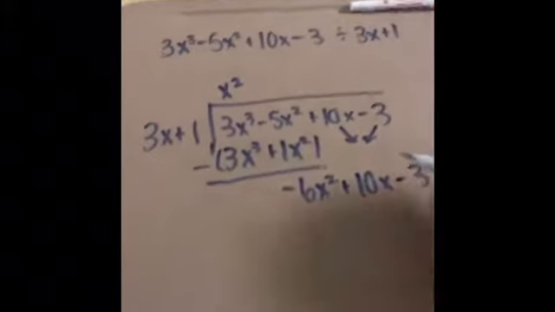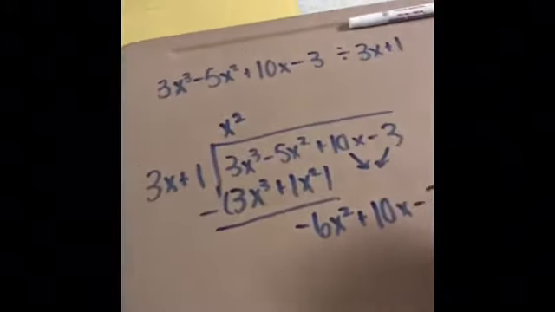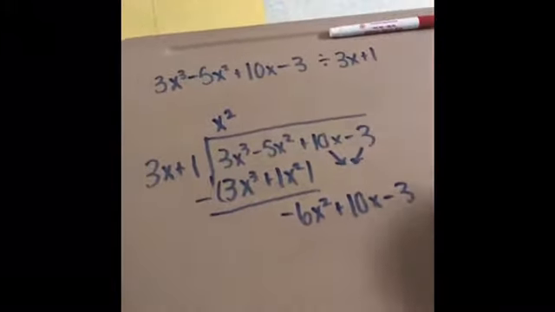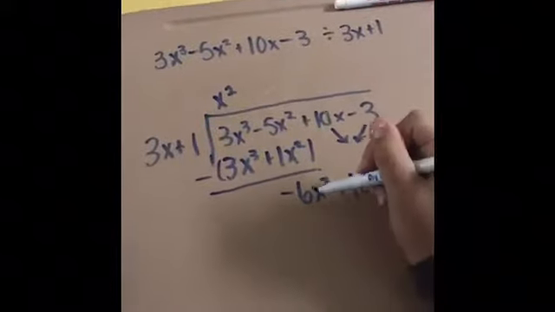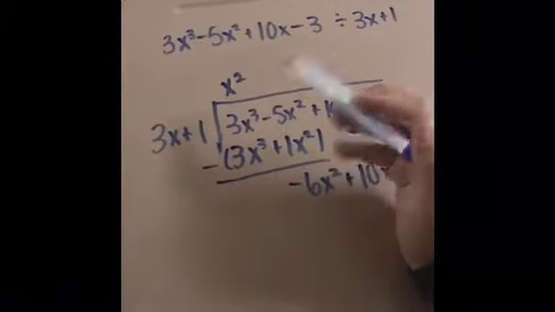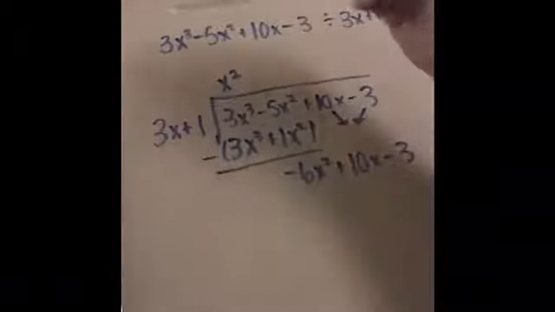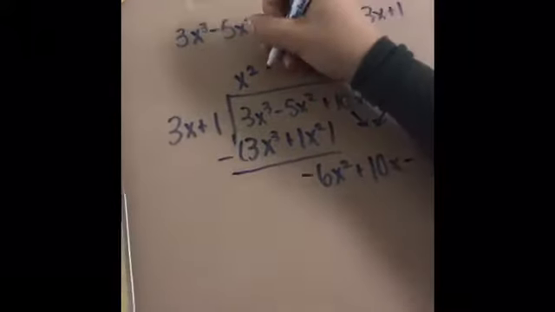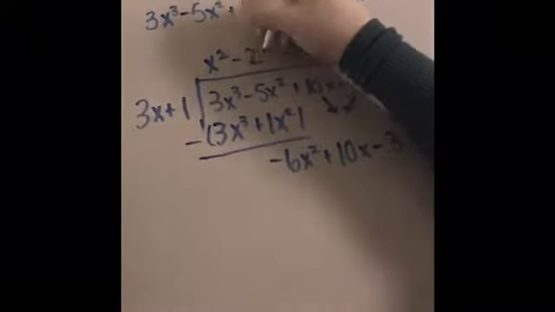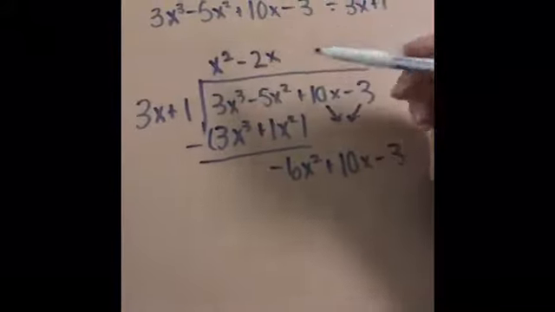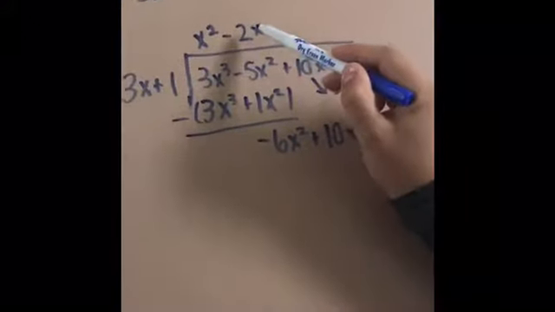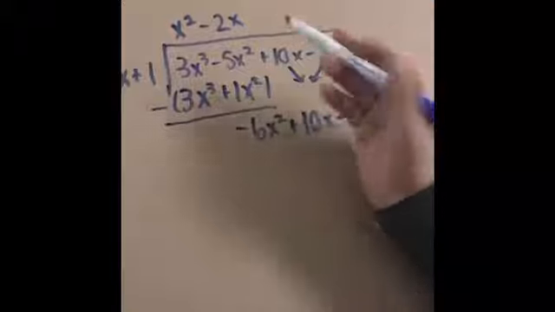So next, you're going to see how many times 3x goes into 6x squared. And that's going to give you negative 2x. And when you times 3x by negative 2x, you're going to get 6x squared.